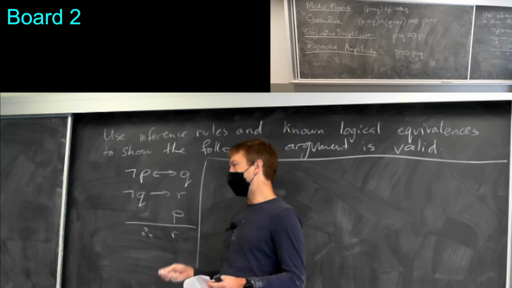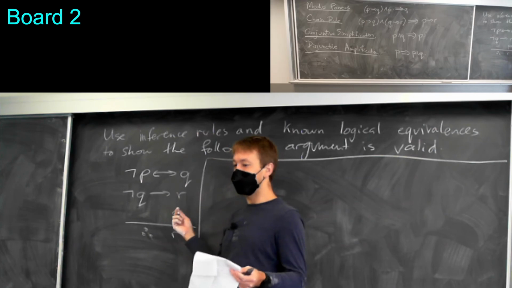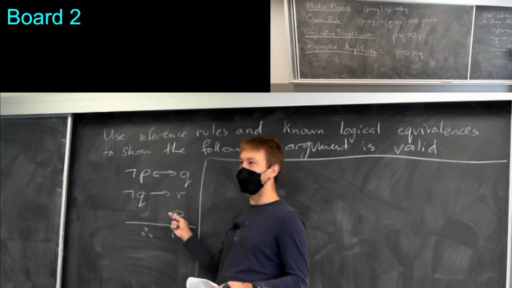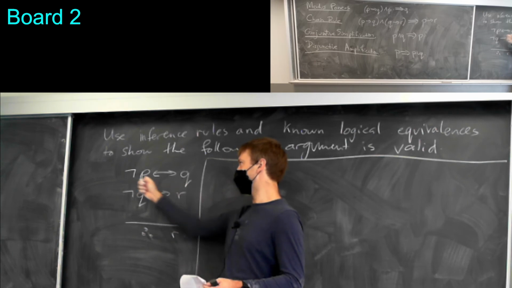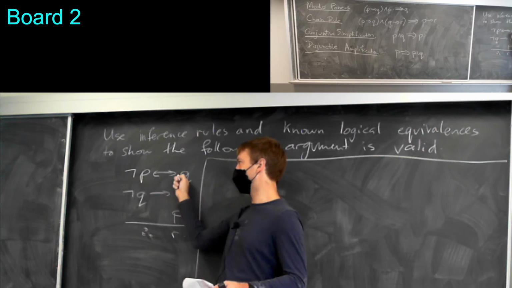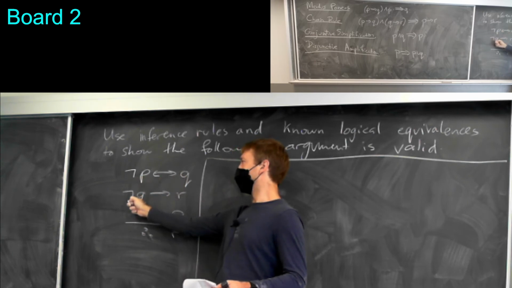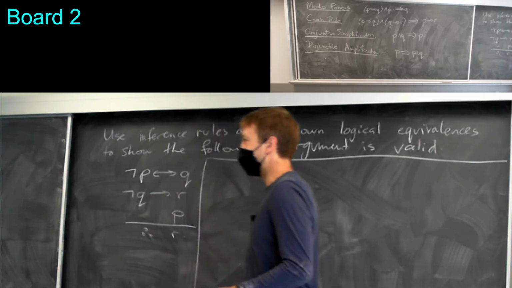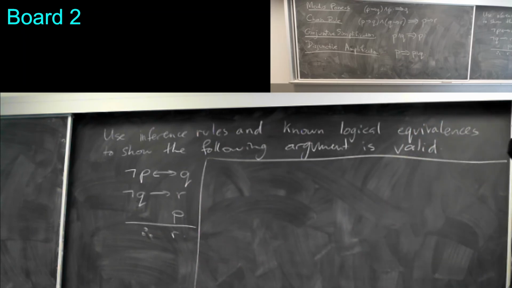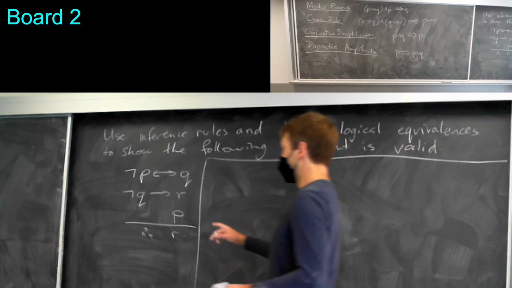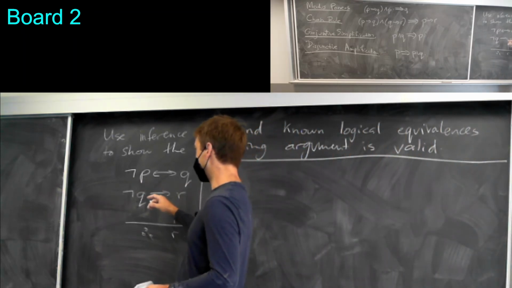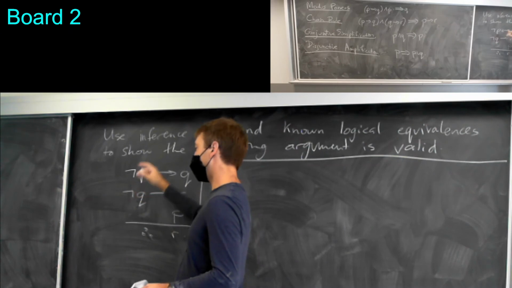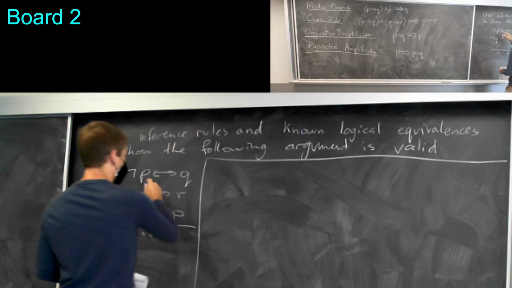If we weren't doing this for marks or something, that would be good enough for me. This is false, that's false, that's true, that must be true. I would just do that, but we've got to prove this using our rules. So, let's see what happens. I'm going to start with the first premise.